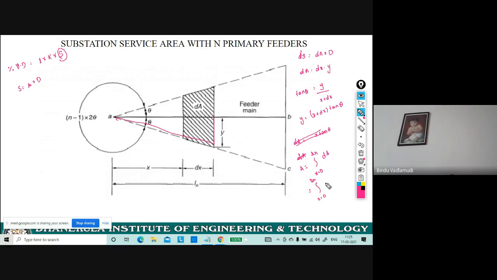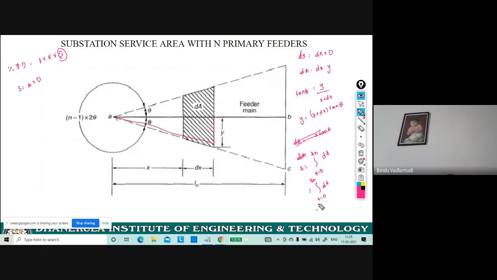What is the value of dA? Is it x into y? Are you following or not?